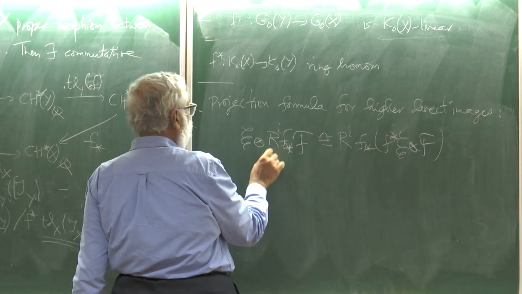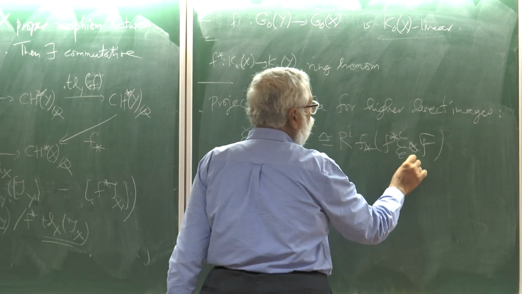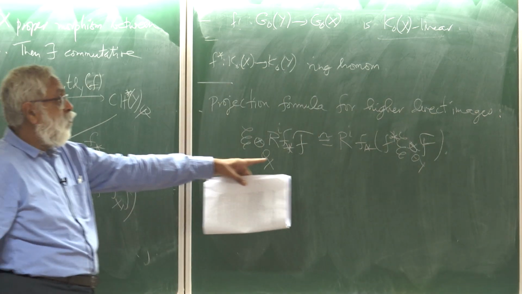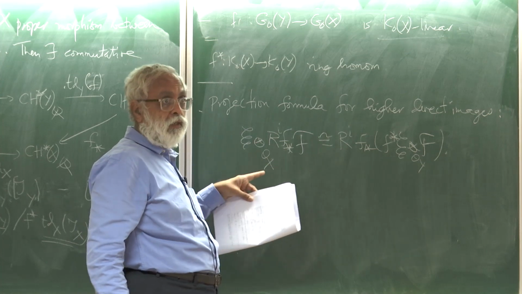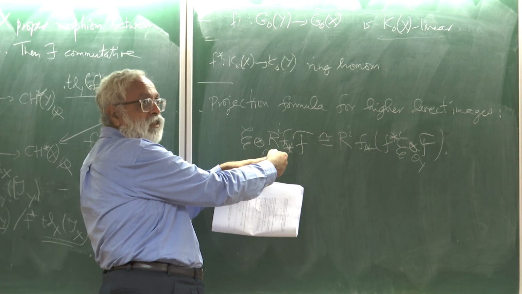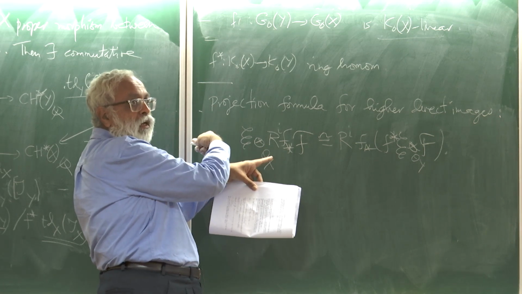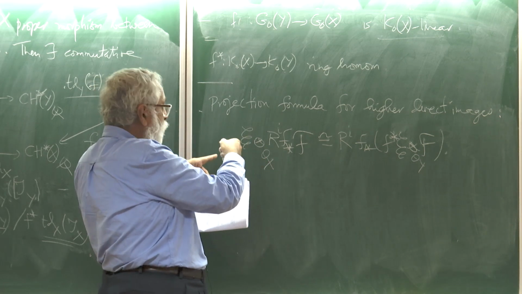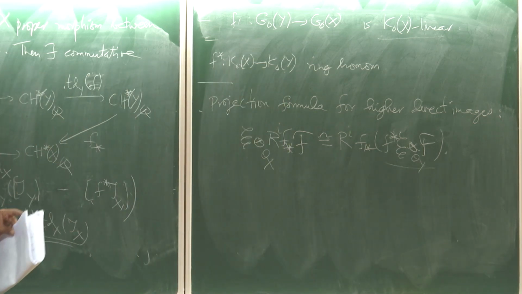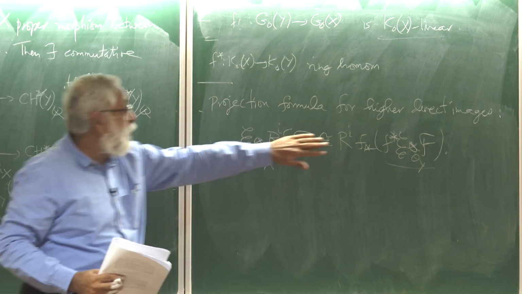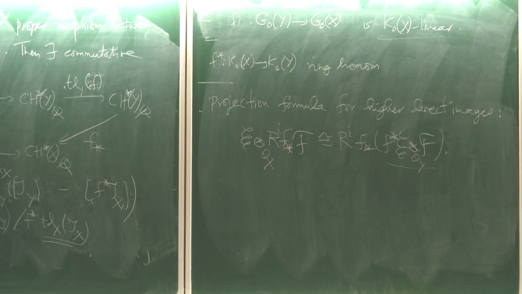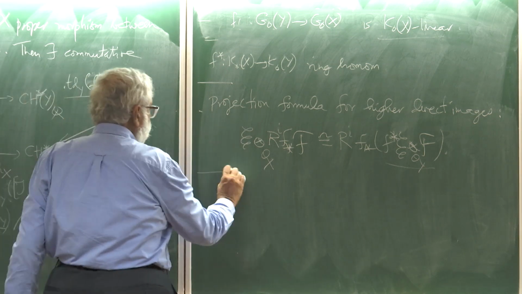This would be tensor O_X and this would be tensor O_Y. Because this property is true for individual higher direct images, if I have some expression like an alternating sum of Rⁱ's multiplied by E, that's the alternating sum of these things, which is what you get by applying the E upstairs and then taking the direct image. So the extension is in the derivative. You could view it like that. Yes.